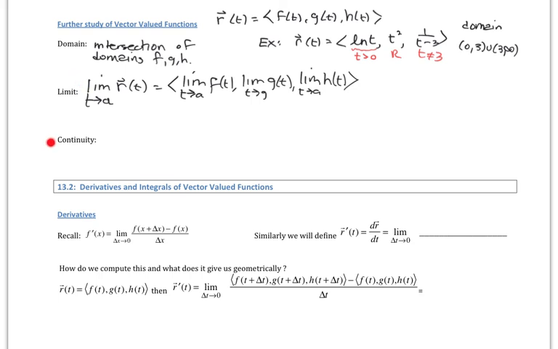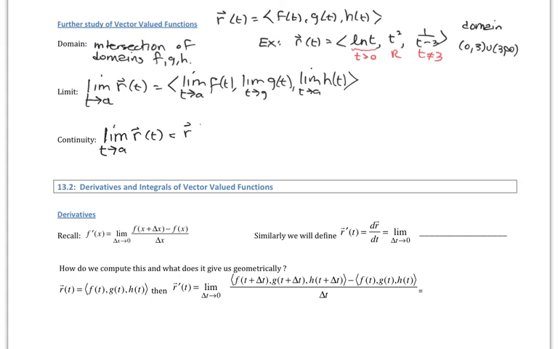Continuity, the definition of continuity for a single variable function is just that the limit and the functional value have to be one and the same. And that's how we're going to define continuity here as well. If you need to go back and review how we define continuity or how we define limits, you could do that.